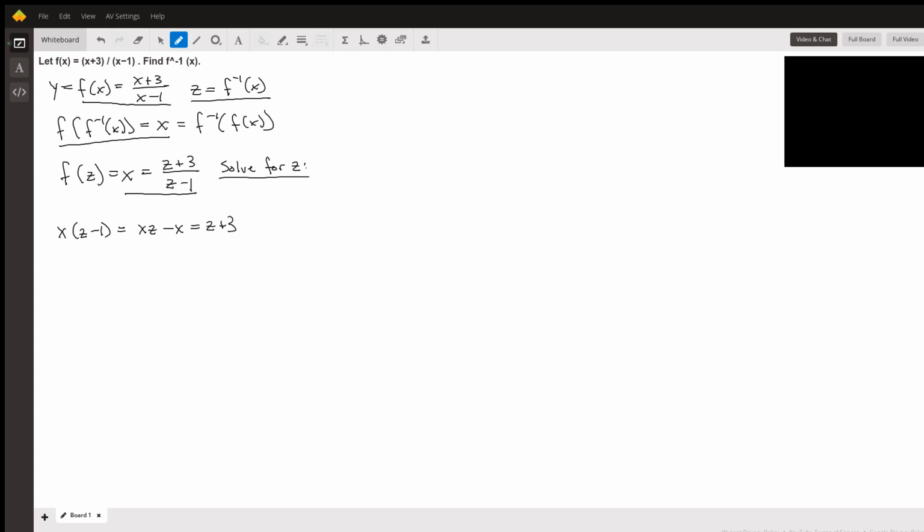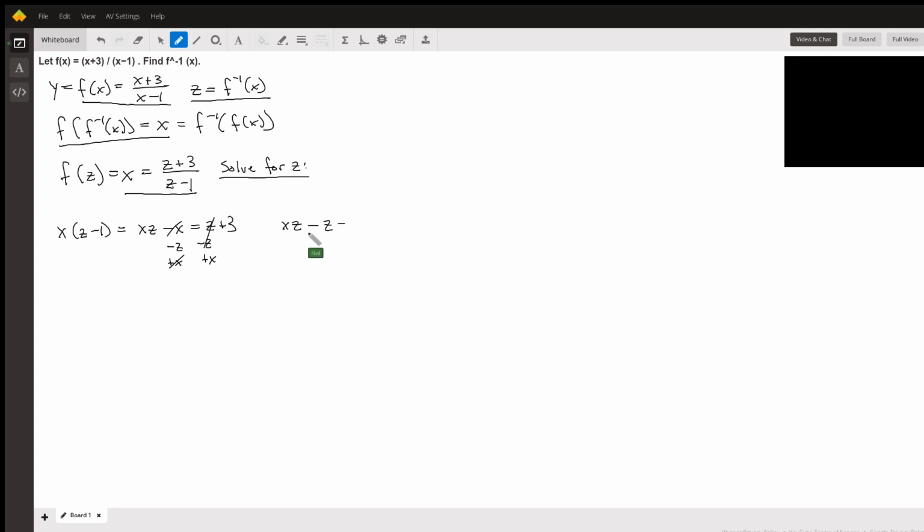And now what I can do is combine z's and things that are not z's. So I'll subtract z from both sides, and also add x to both sides. So now the z's here will cancel, and the x's here will cancel.